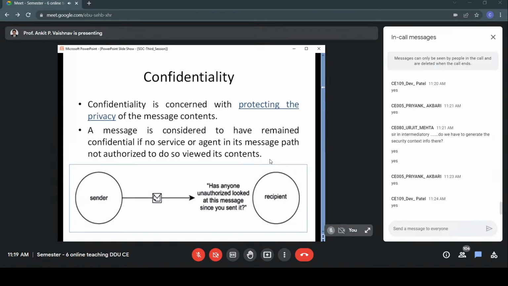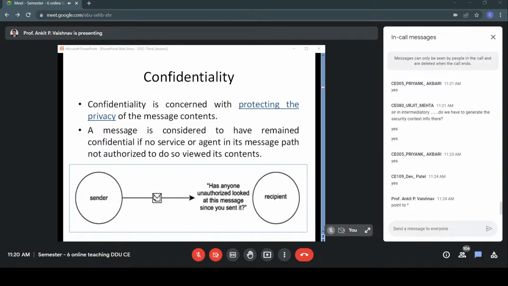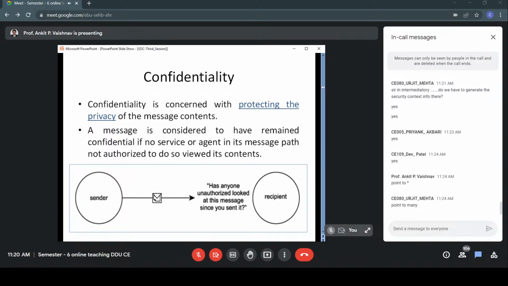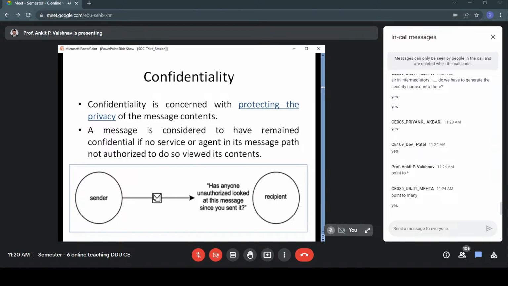Obviously, yes, right? Because your message, I think you remember that point which I discussed during first sessional. The communication in SOA is not point to point. Instead, what did we describe that as? Point to star. Remember that concept? Yes, point to many, right?